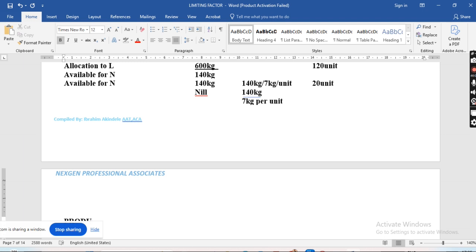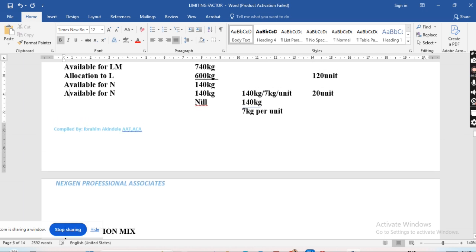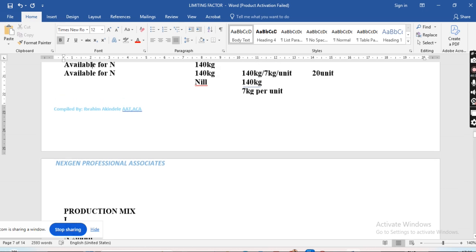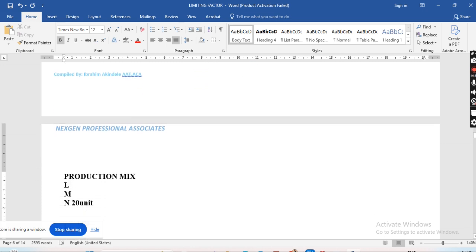Production mix for L, M, and N. N is 20 units.